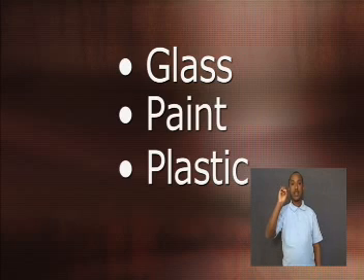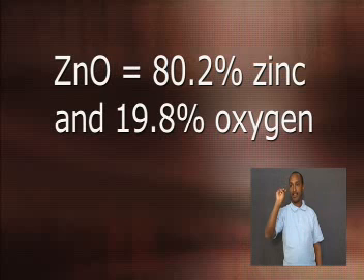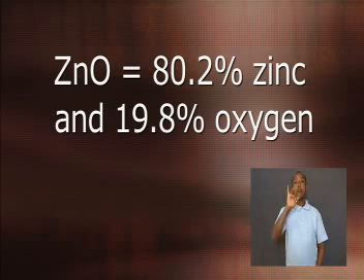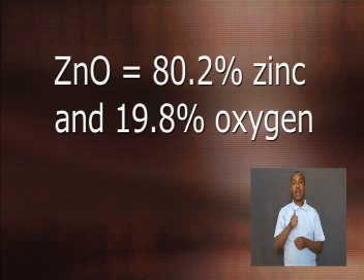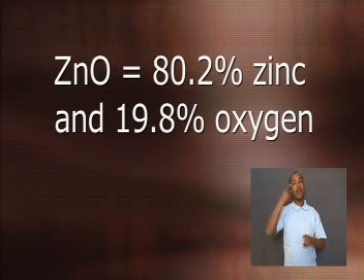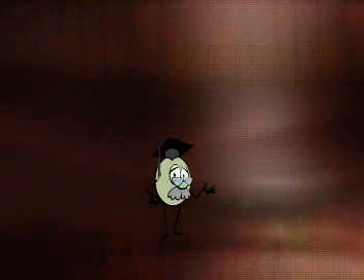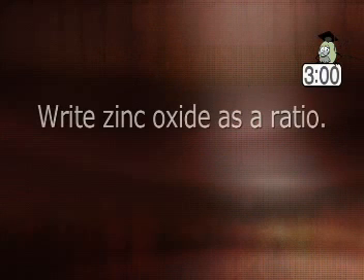Zinc oxide has 80.2% zinc and 19.8% oxygen by mass. Please write this compound down as a ratio as we did for water. Students, let's get ready. Begin.